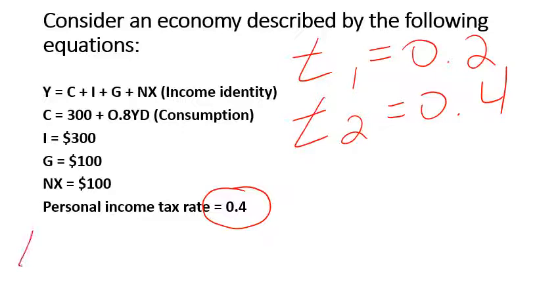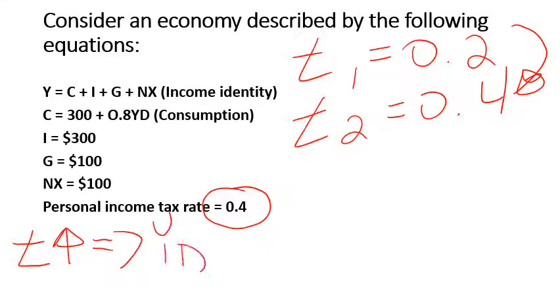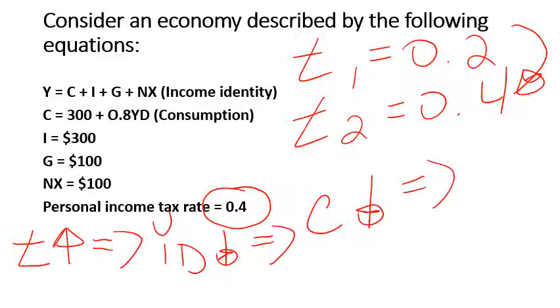So let's try it. Here again, the personal income tax rate went from 20% to 40%. So we have an increase in T. Given this increase in T, what will probably happen is a decrease in disposable income, a decrease in consumption, a decrease in GDP.